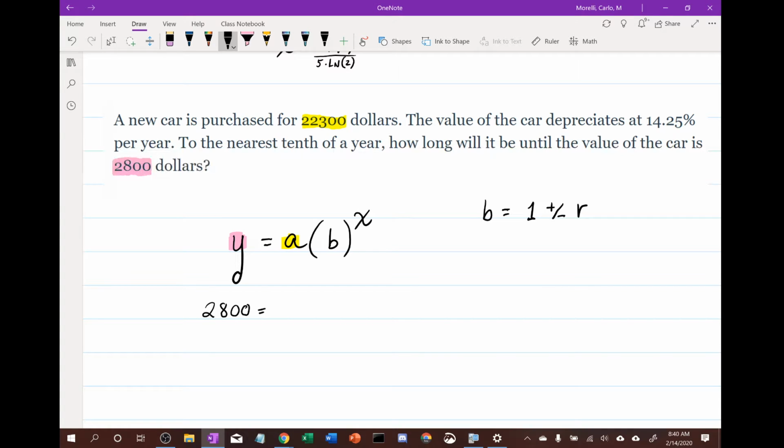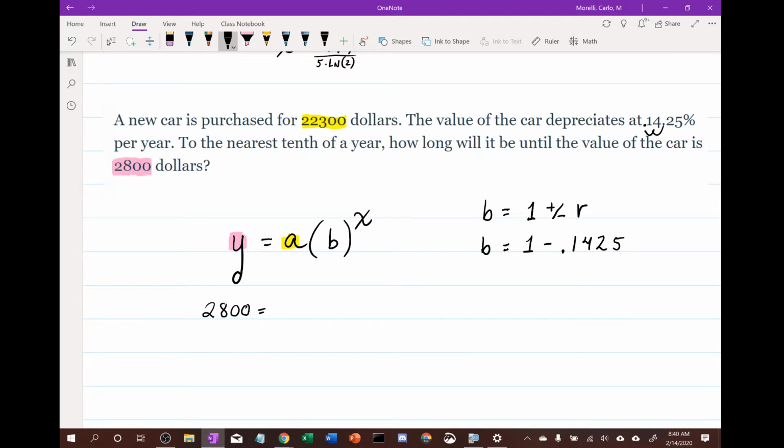So it's depreciating at 14.25% each year. Does depreciating mean going down or going up? Down. So that means B is going to be equal to 1 minus 0.1425. And I'm writing here this percent as a decimal, okay?